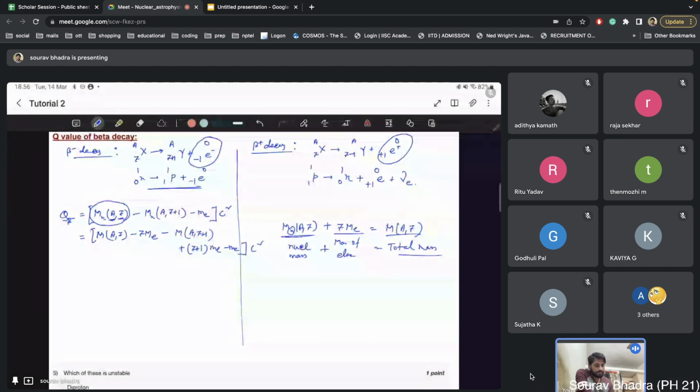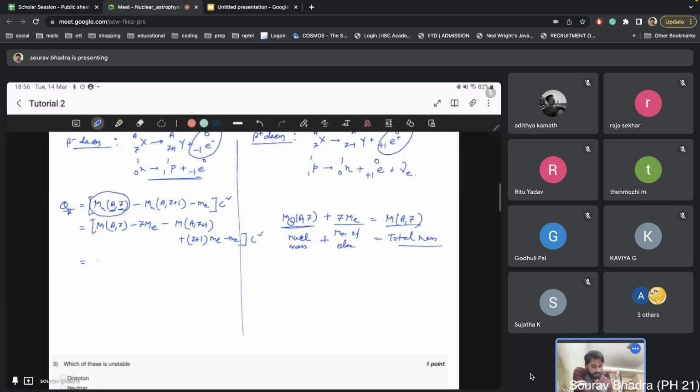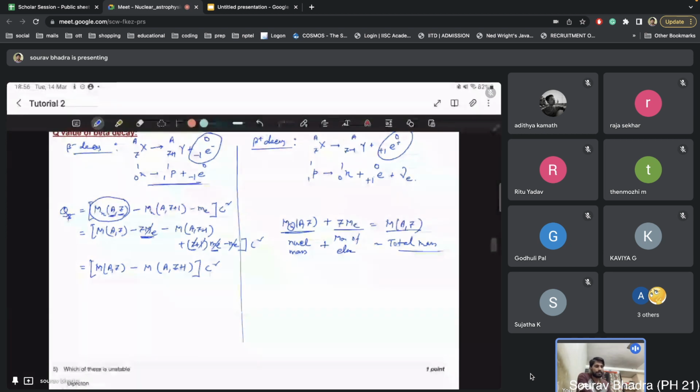Okay, so if you do the cancellation, this Z m_e will cancel this Z m_e, and this plus m_e will cancel this minus m_e. So it is m of A, Z minus m of A, Z plus 1, times c square. So it is the Q value of the beta minus decay.